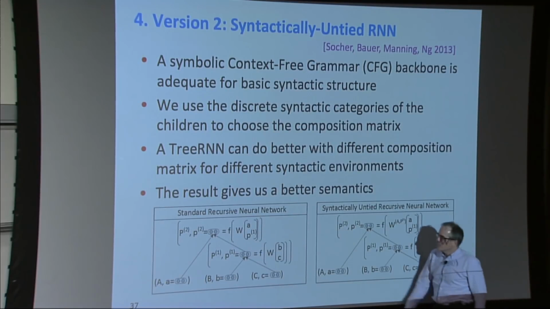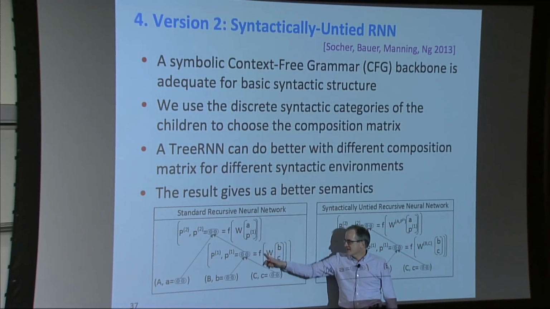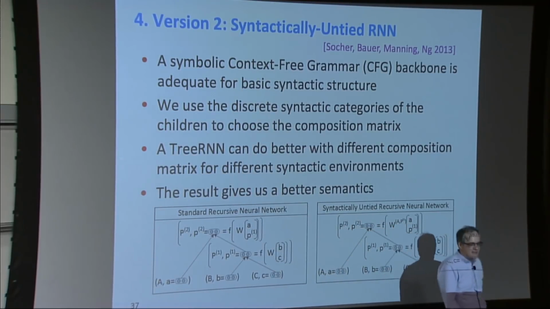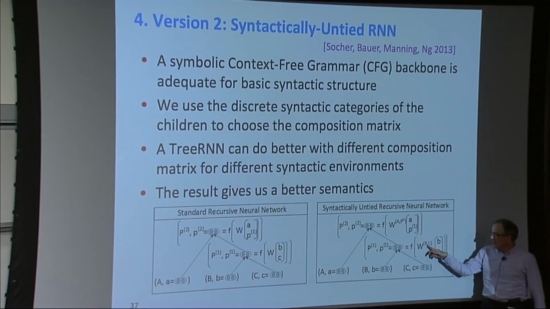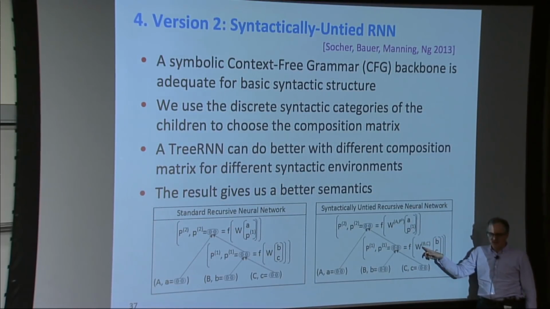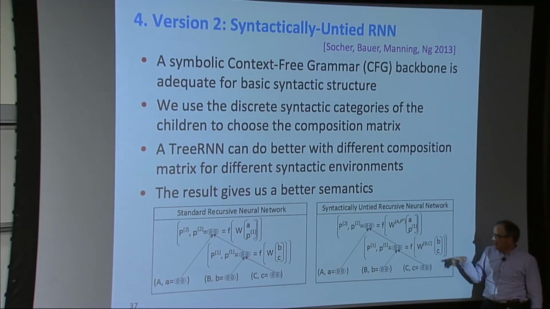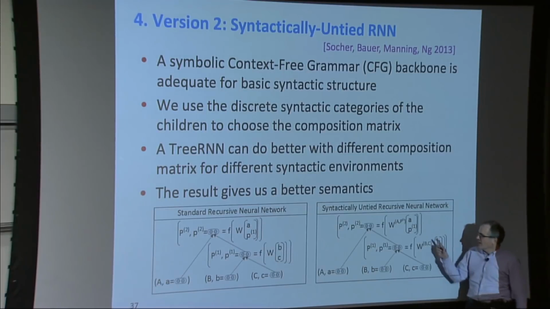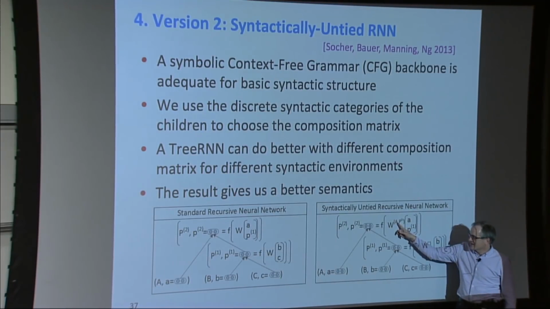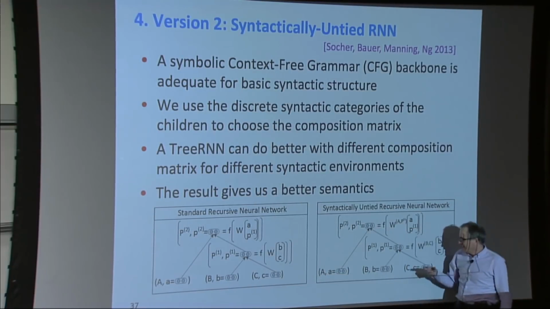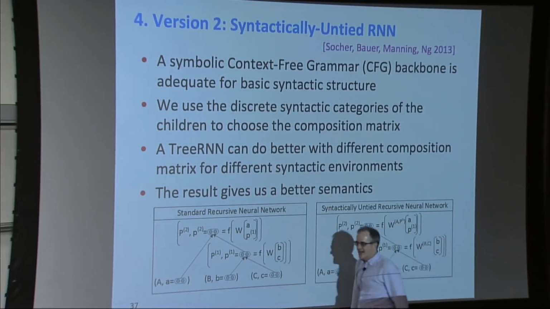So rather than before, where there was just this one universal weight matrix which was meant to do all meaning composition, here we can have the weight matrix for combining together the meanings of an adjective and a noun, and it will compute the meaning of this constituent, but then we'll have a different weight matrix for combining together the meanings of a determiner and a noun phrase or something like that.